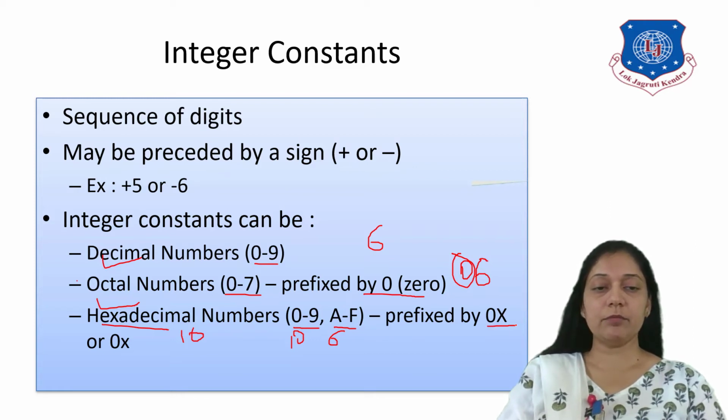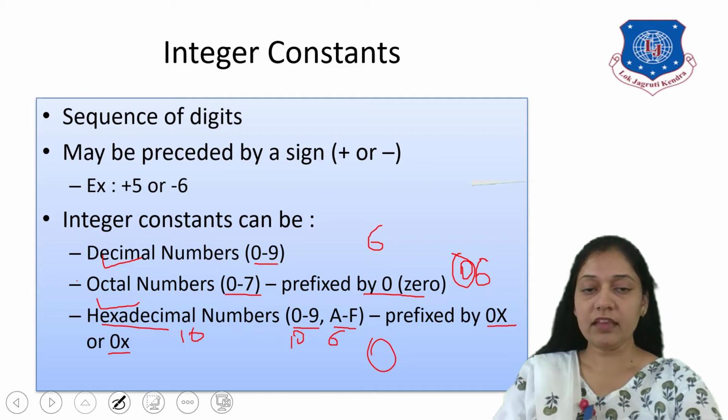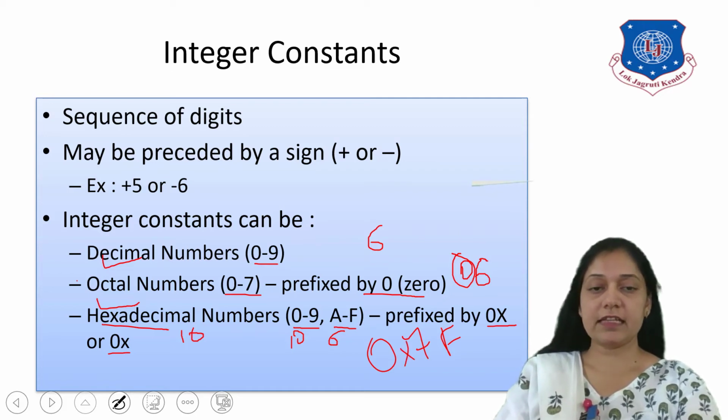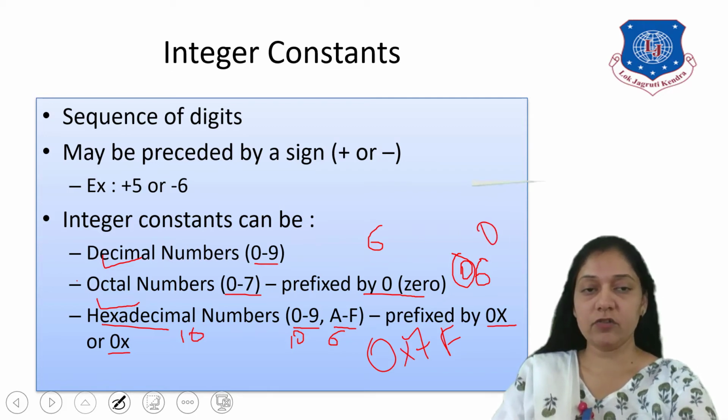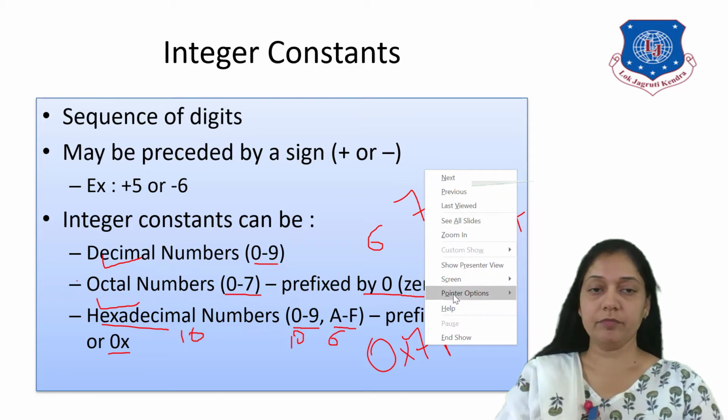These hexadecimal numbers should be prefixed with 0 capital X or 0 small x. Then only it will be termed a hexadecimal number. Suppose I write 0x7F, it's a hexadecimal number. If I write 07, it is an octal number. If I write simply 7, it's a decimal integer.